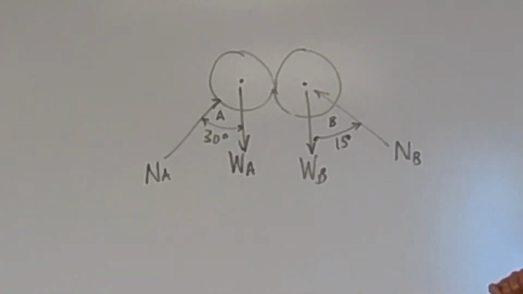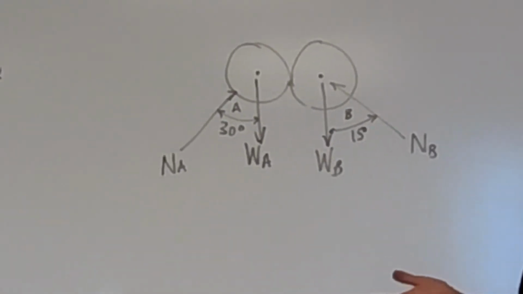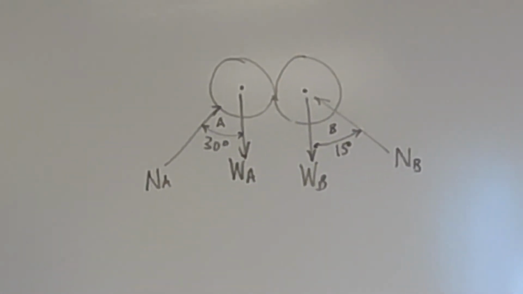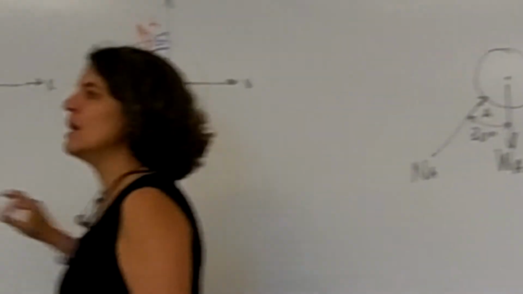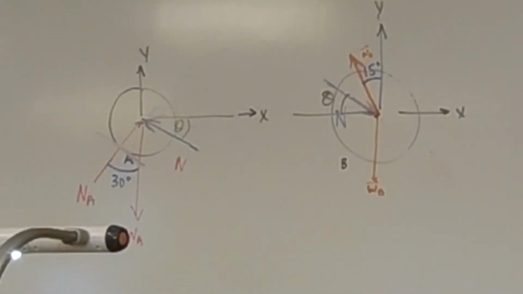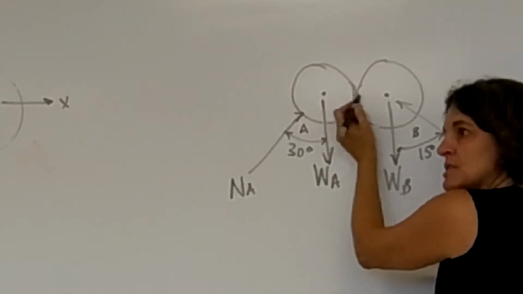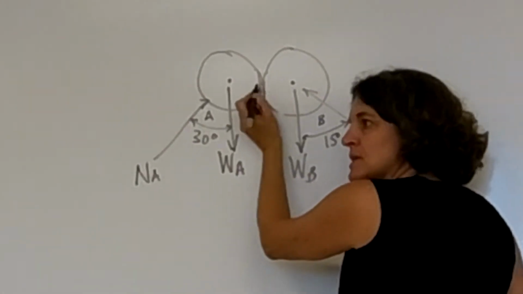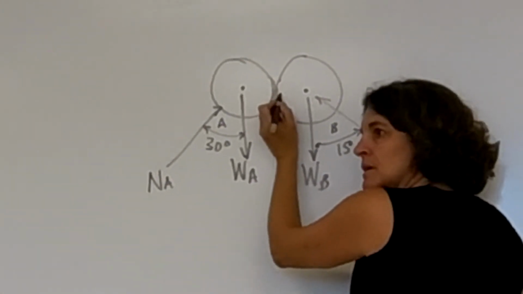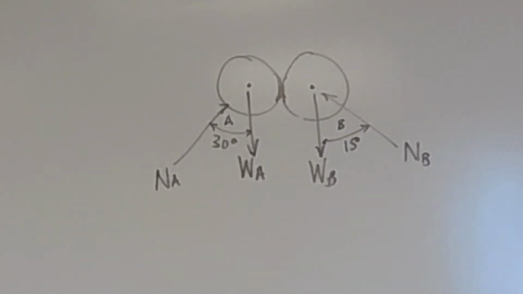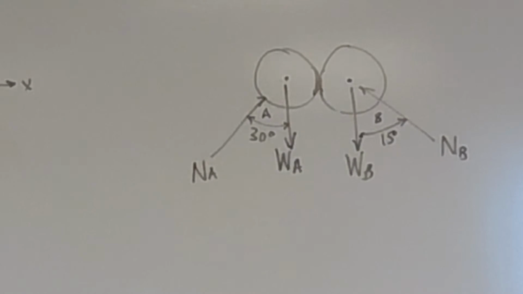It's an internal force. When these two are separated, the forces are considered external to the system. But when the two things are touching, that force is inside. There is a compressive force in here, but they're equal and opposite, so they're canceling. So it becomes an internal force, not an external force. So you do not put it in the free body diagram.